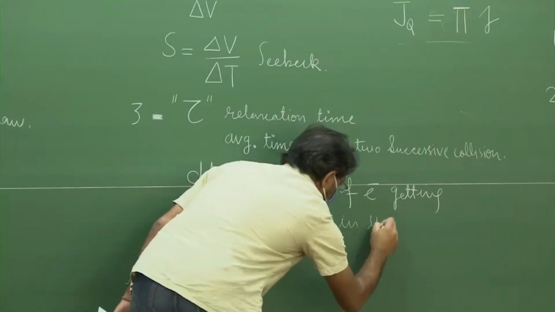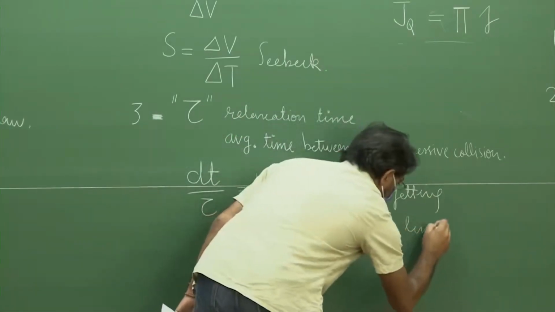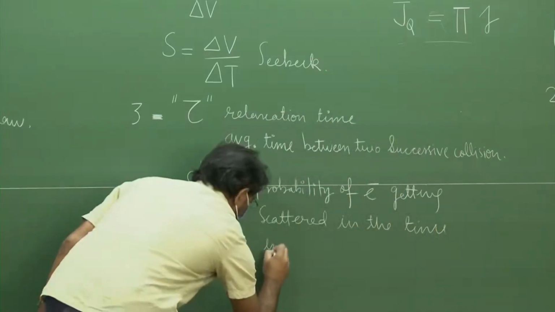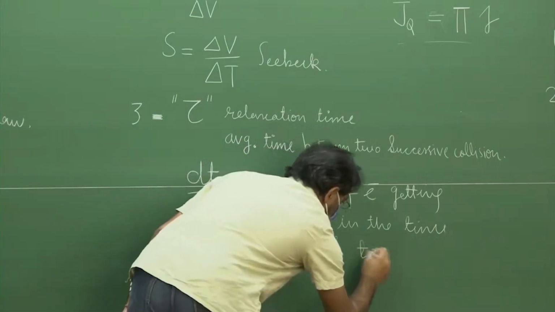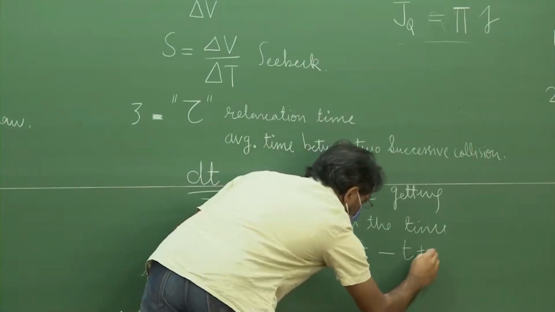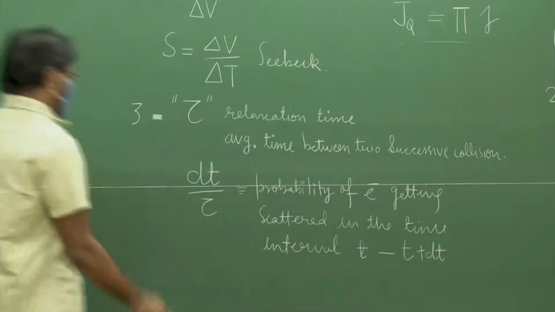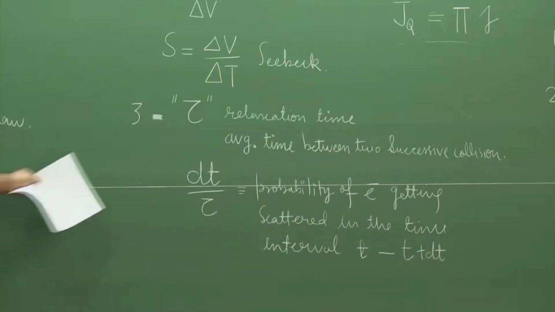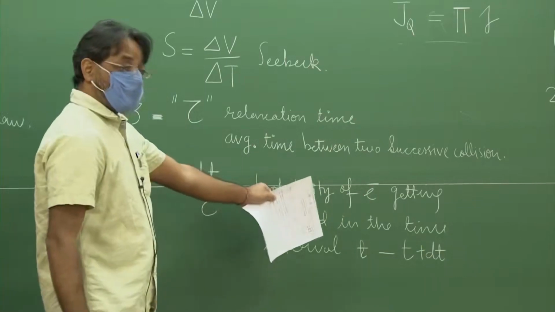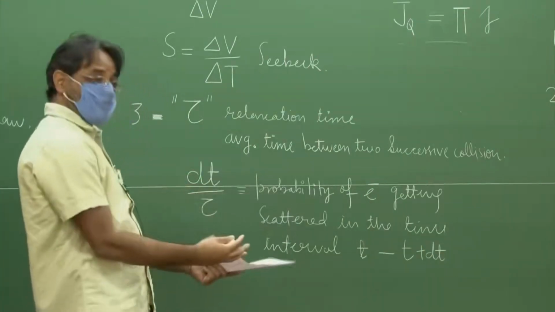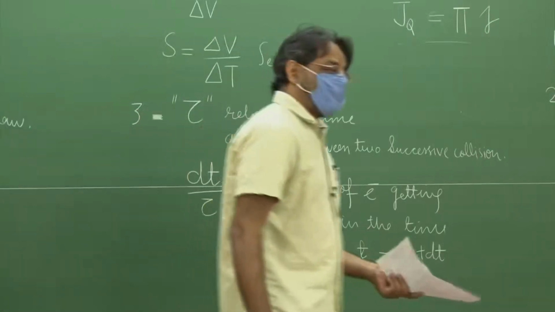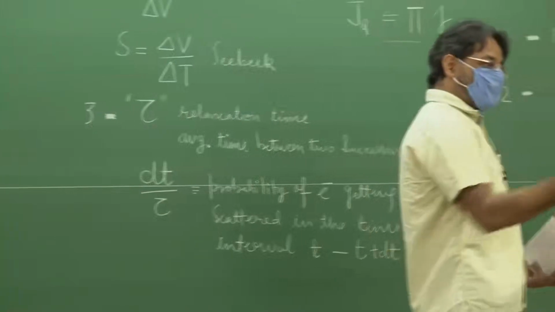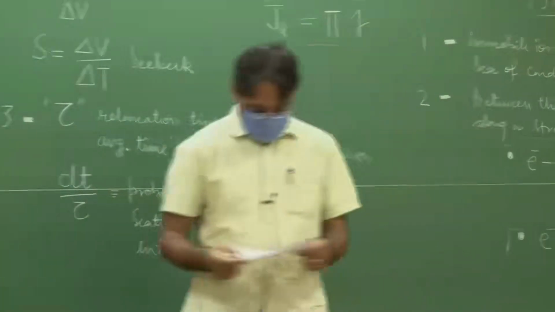Of course, if this is the probability that it will collide, then 1 minus this will be the probability that it will not scatter, it will not collide, it will just go unhindered. So, we will use that in building our theory.